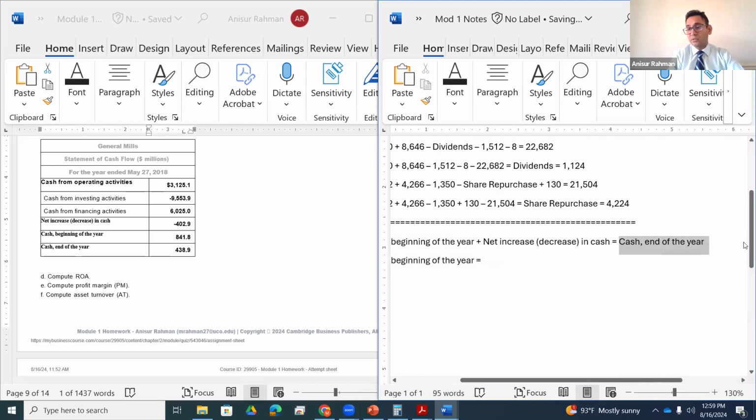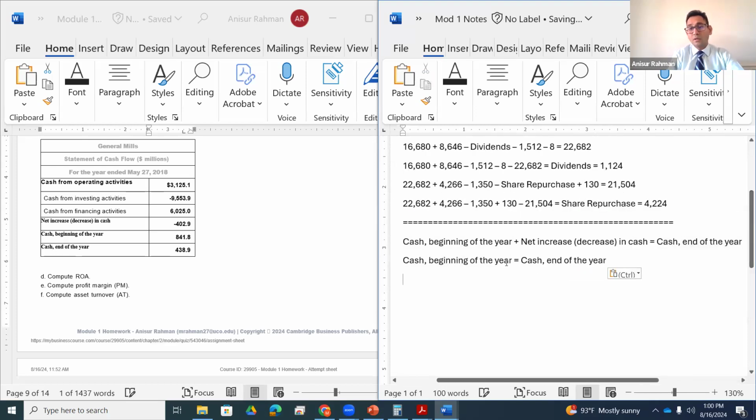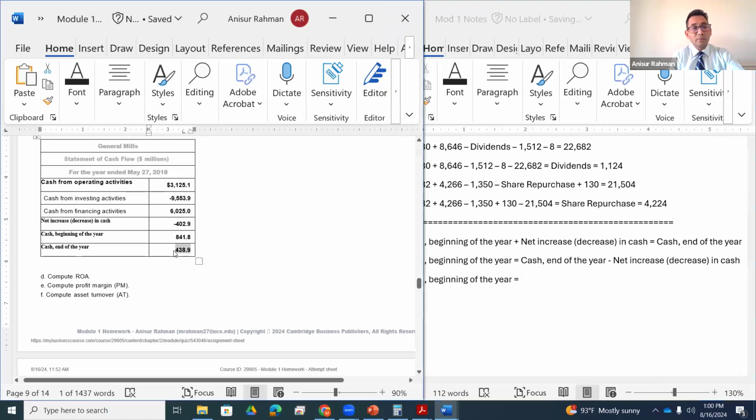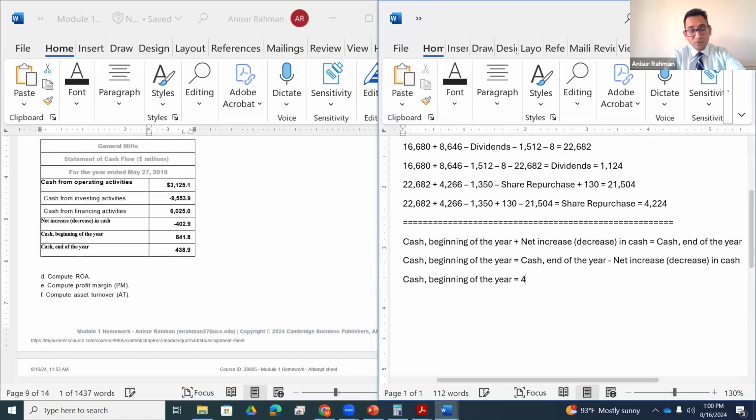Cash end of the year, and then we'll bring this to the right-hand side, which will be negative net increase, decrease in cash. That basically means cash end of the year 438.9. Now negative net increase, which is a negative 402.9.